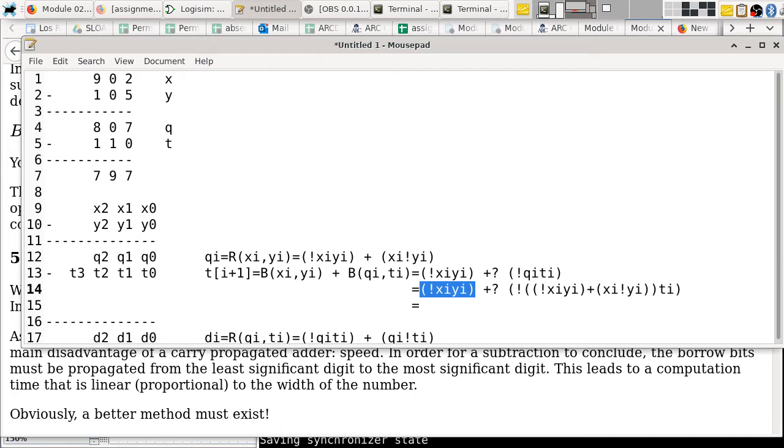So we now plug that into this side here. Isn't this exactly the same thing as the left-hand side? Isn't this part here exactly the same? It is. So this is guaranteed.